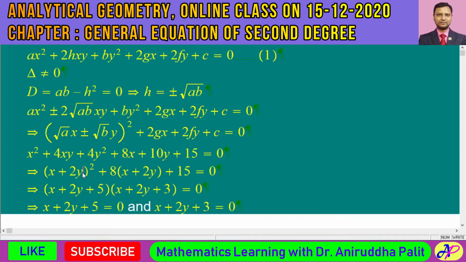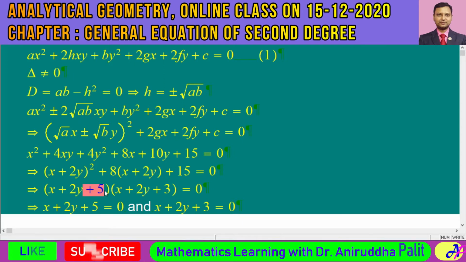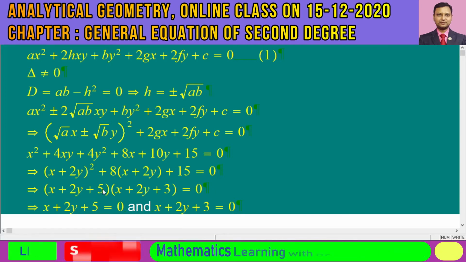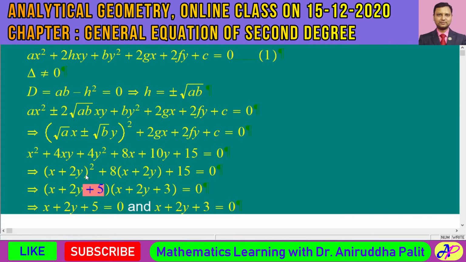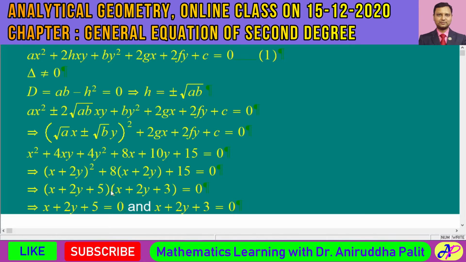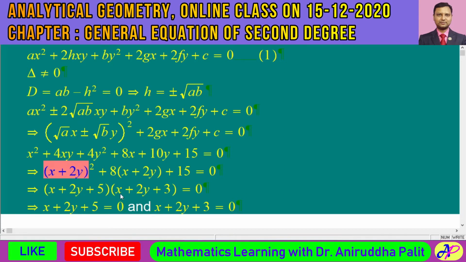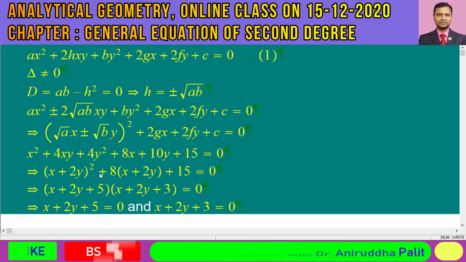You see over here we find that whatever be the process, some constant quantity is ultimately added with this perfect square quantity, x plus twice y. If you consider this first factor or second factor, whatever it is, ultimately you will find that a constant quantity is added with this perfect square.